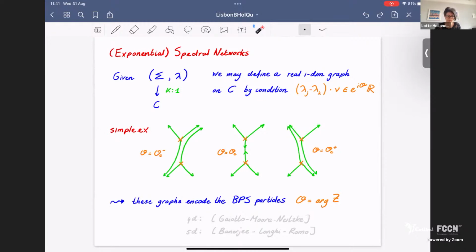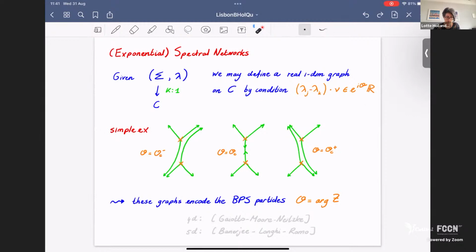So given any N=2 theory in four dimensions, we can consider the corresponding UV curve C, and any arbitrary one-dimensional trajectory on this curve C is part of the spectral network if this constraint is obeyed.